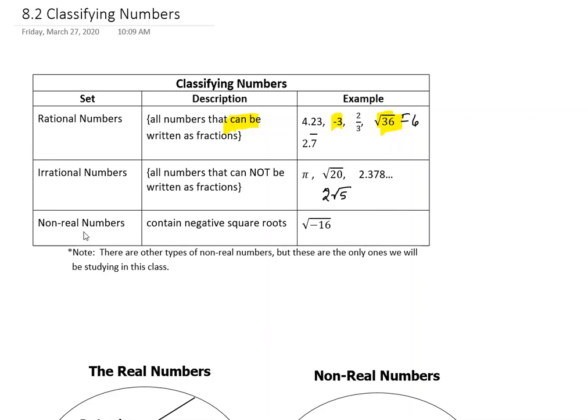If you have a number that has a negative under the square root, that is going to be an imaginary number or a non-real number. And another thing I want to point out is that there are other types of non-real numbers and other types of irrational numbers other than what I have listed here, but these are the only ones that we're going to be discussing in this class.